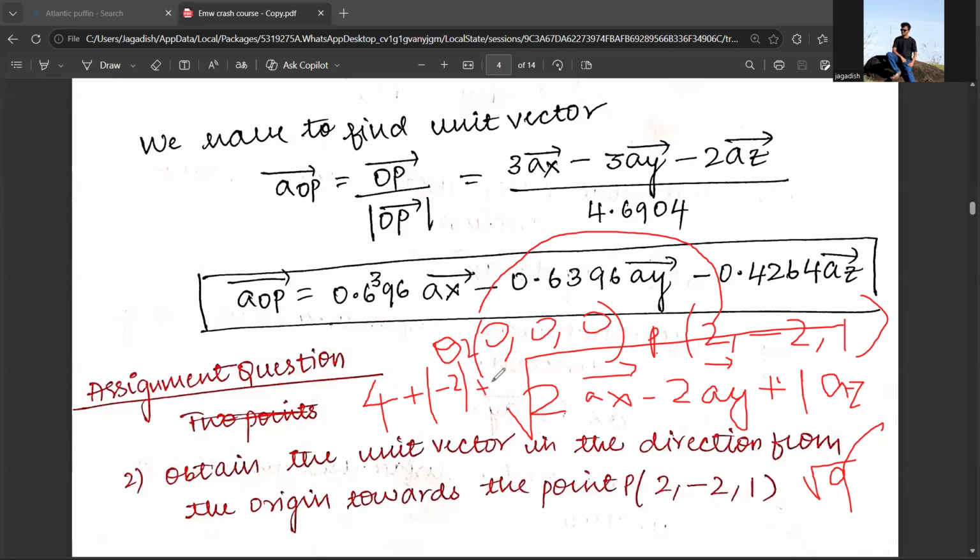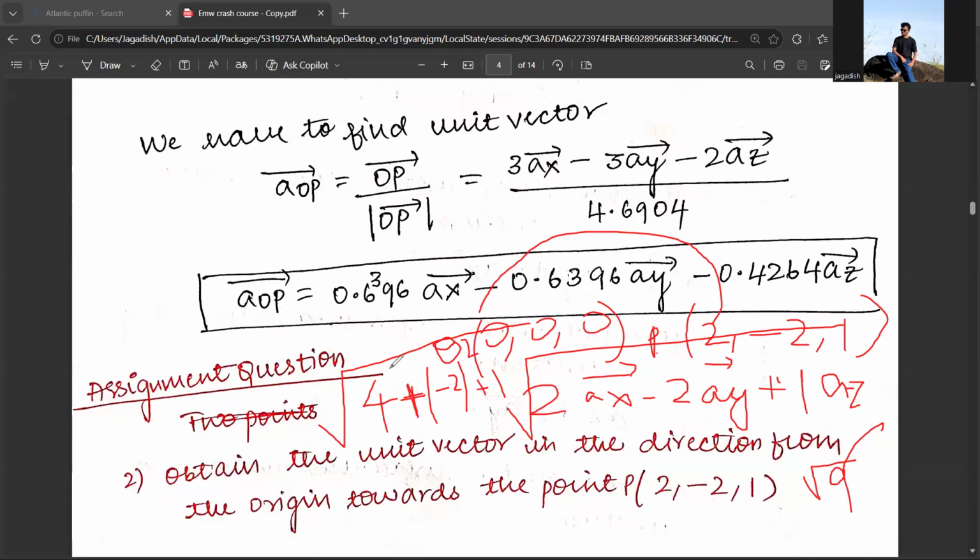Not minus 4; minus 2 into minus 2 is plus 4. So here it is plus, don't get confused. According to the formula it is plus, since it is a square. Many students make this mistake. Don't make the same mistake. You would have written minus here, I guess. Minus 4, minus 4, 0 plus 1, 1 is wrong.